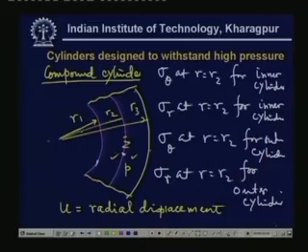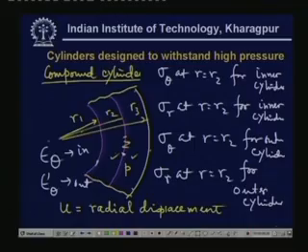So, these are to be calculated, and then we will have to calculate the strains epsilon theta and epsilon theta dash, that is for the inner cylinder and for the outer cylinder. Then from these data we can calculate epsilon theta at the inner cylinder and epsilon theta dash at the outer cylinder, all at r equal to r2.